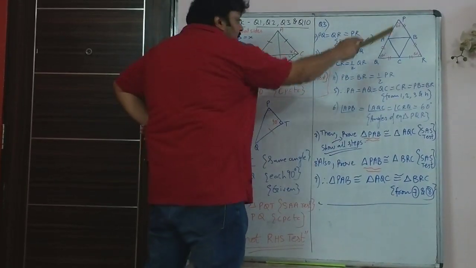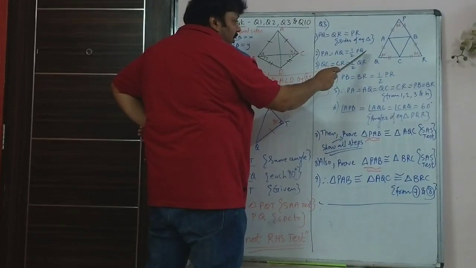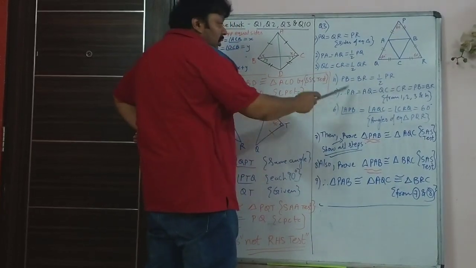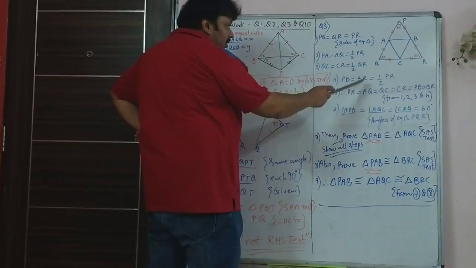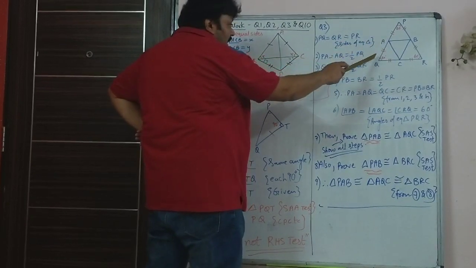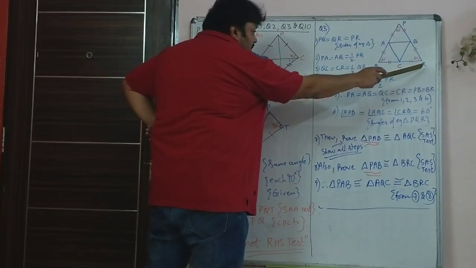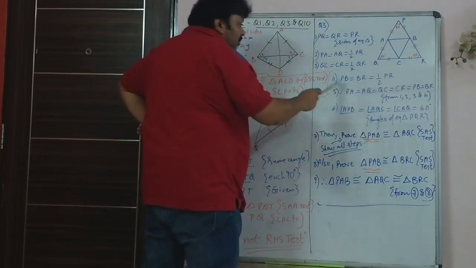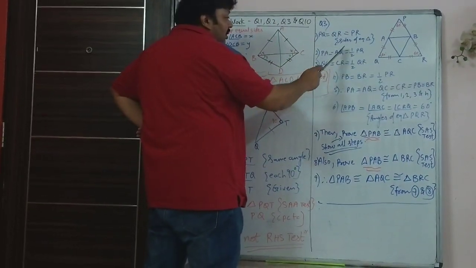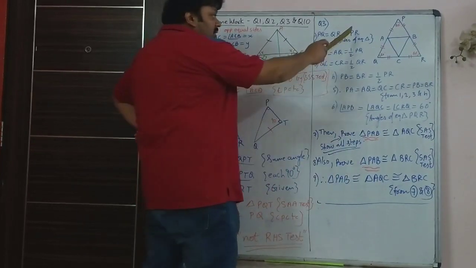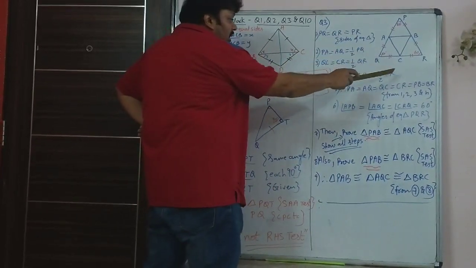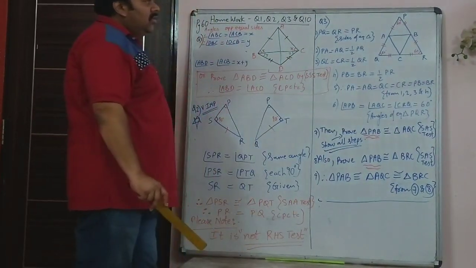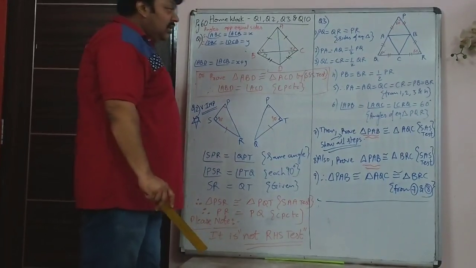But since all these three sides PQ, QR and PR are equal, all these six parts, that is PA, AQ, QC, CR, BR and PB, are equal.